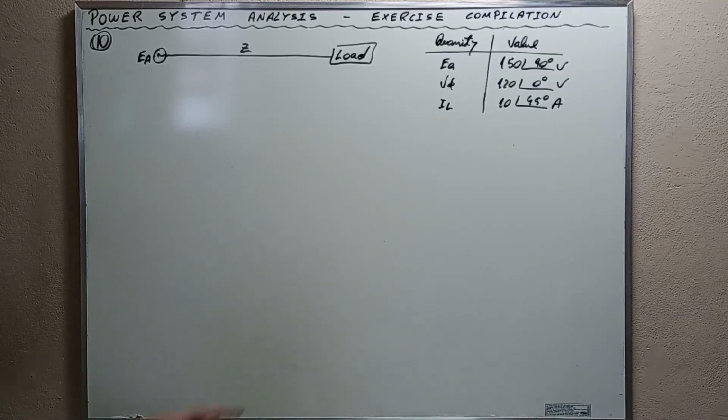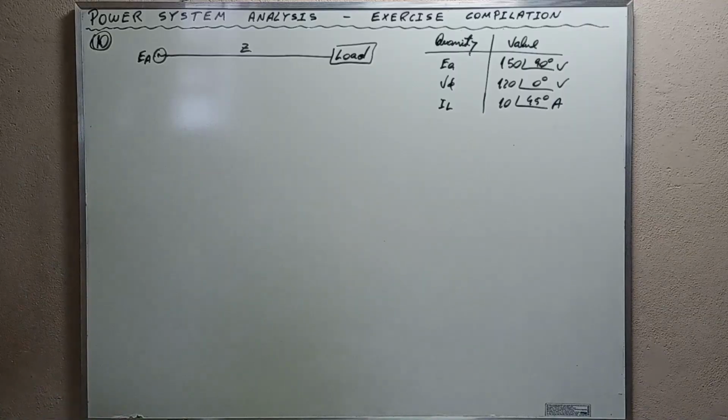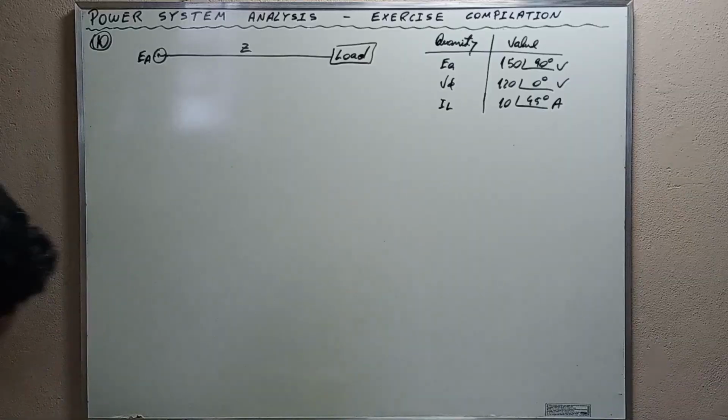The exercise provided us this information here, okay? And the question, given the above, what is the value of the resistance of the cable? Okay, my friends, this is the exercise. Let's go to the solution. And the exercise wants us to calculate the resistance of this cable here.